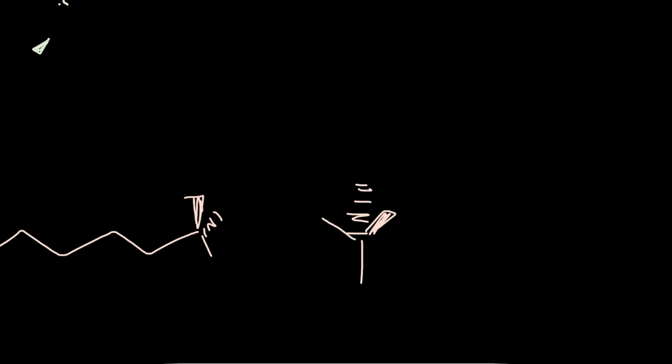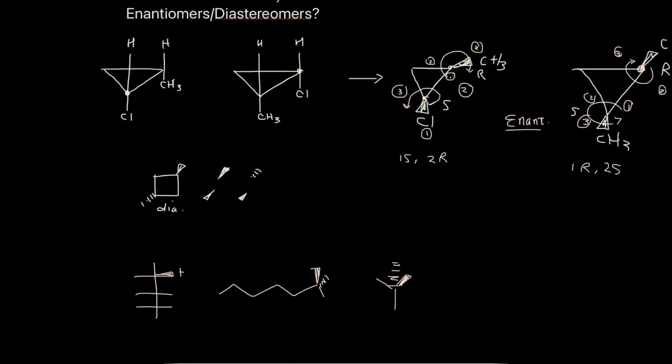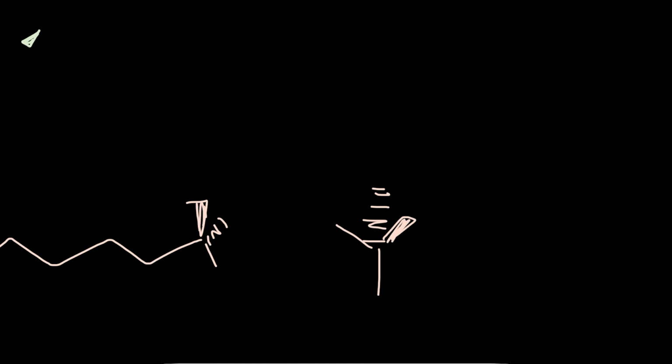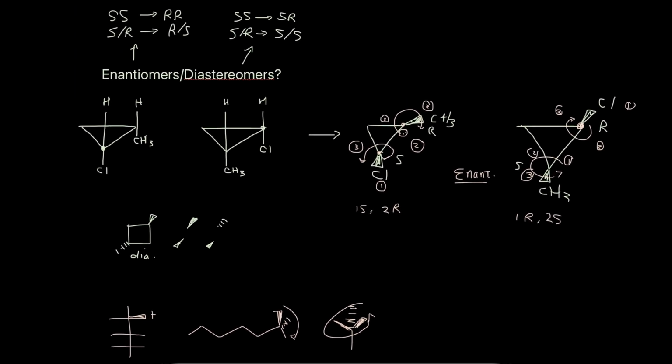The way that you would identify if they are R or S configurations is you hold one solid line by the stem and then you rotate the three groups. So that means if your hydrogen was not on a dash, let's say if it was on a solid line, you would rotate the three groups to put the hydrogen on the dash. Now I have another short clip on this particular point, so I'll leave it at that.